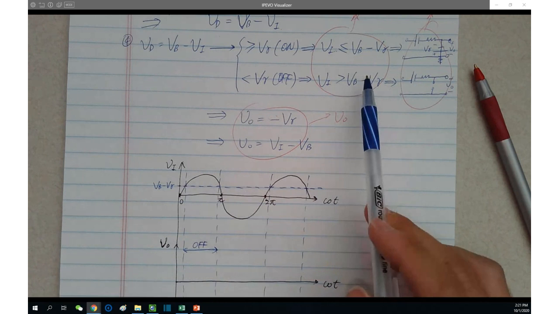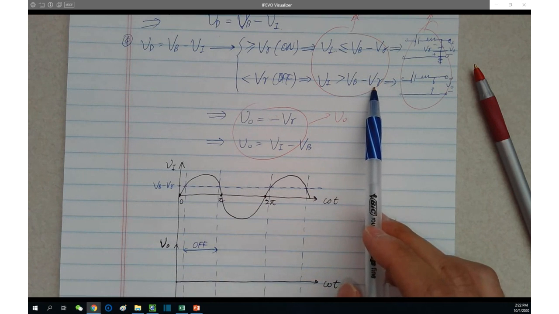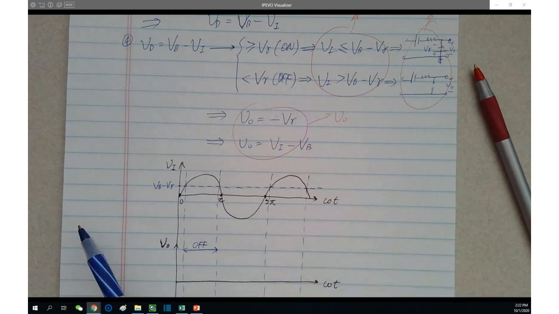Vi greater than VB minus V gamma means it's off. Therefore, the corresponding output is what? That same waveform just shifted down a bit. Exactly. Vi minus VB. Now, Vi minus VB.